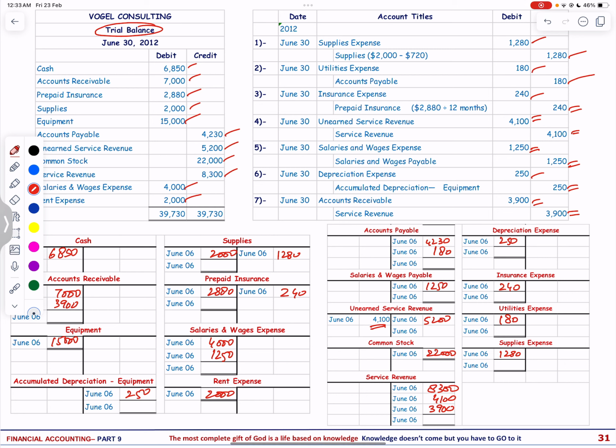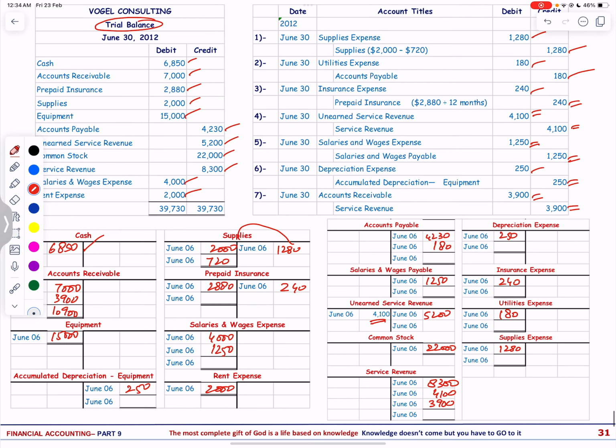So once we have done this, we are going to take the balances, and for cash it will be 6850. For supplies 2000 minus 1280 is 720. For accounts receivable, this will be 10,900. Prepaid insurance 2880 minus 240, this will be 2640.